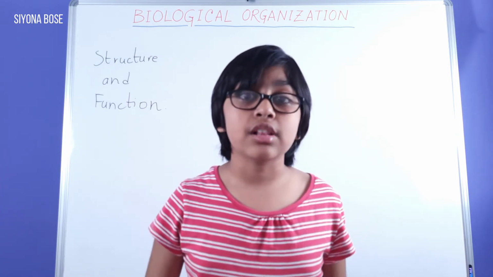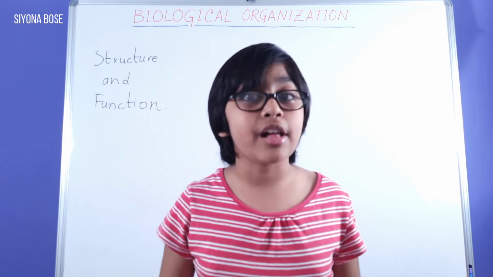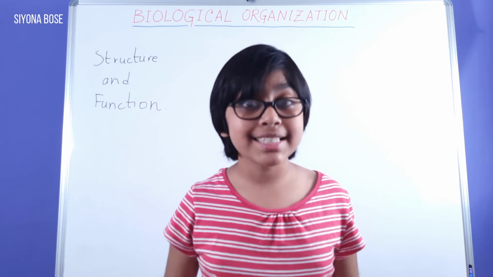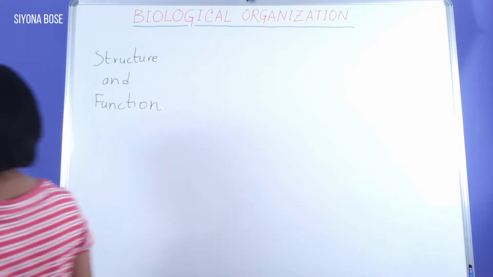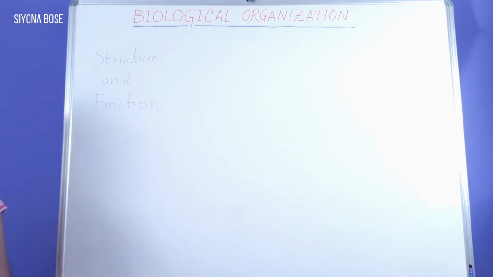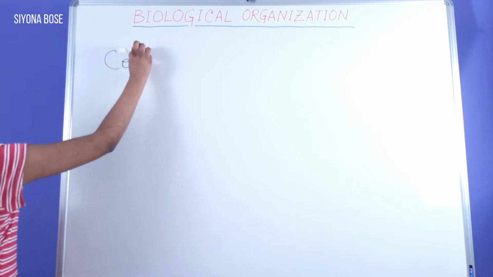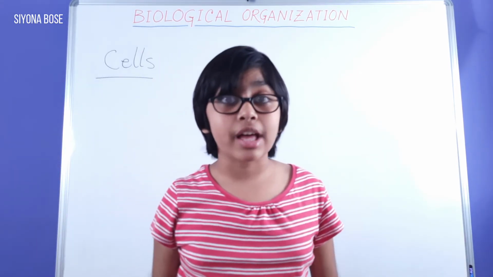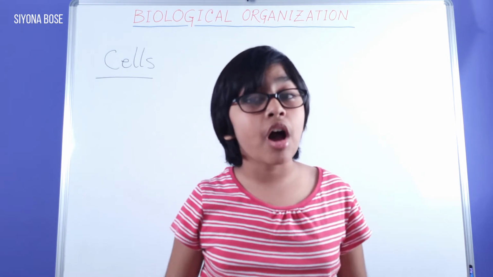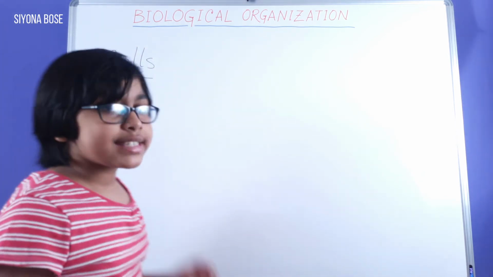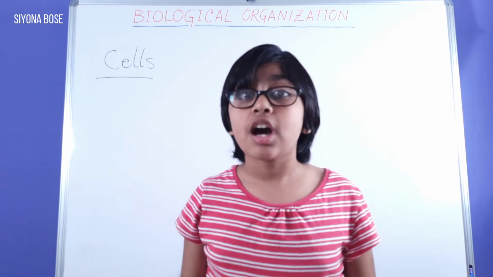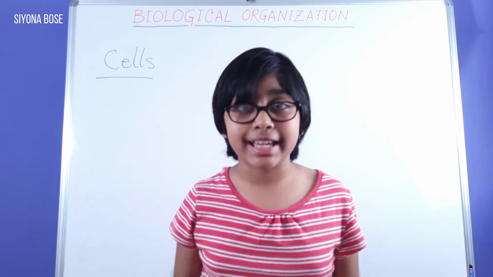Now, finally, the last topic to discuss in biological organization is about the fundamental unit, cells. As I said previously, while explaining the biological hierarchy, cells are the fundamental, structural and functional unit of any organism.